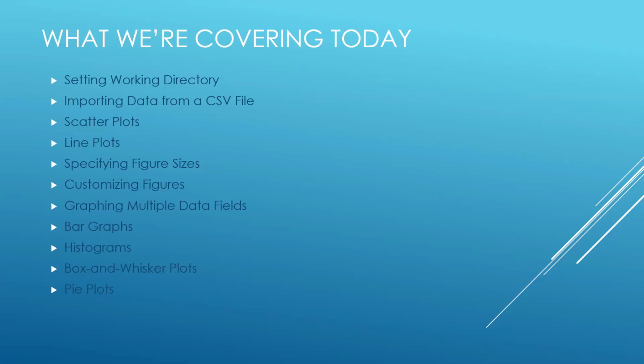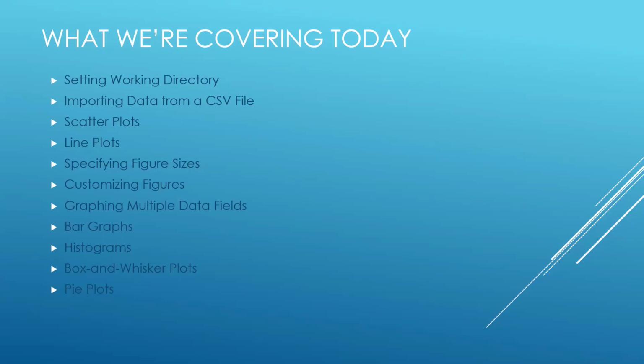So we're going to work on setting your working directory, importing data from a CSV file, and through most of my examples today, I'm basically working on the assumption that you are probably going to have some data that you need to work with. That data will probably be in the form of, say, a CSV file, which is a comma-separated values file, which you could open up in Excel, for example, but also in Python, obviously.